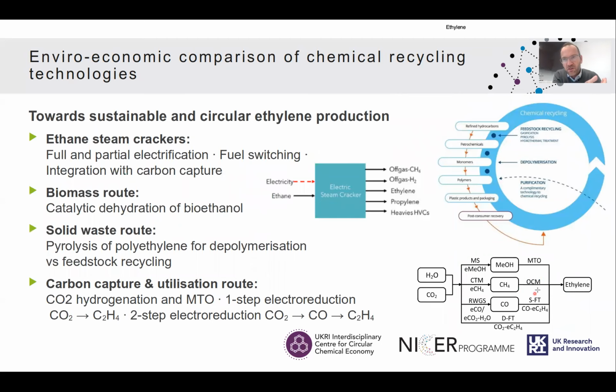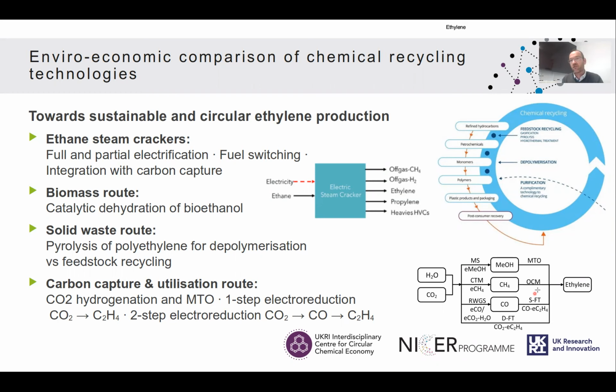Now, most of the research that has been conducted under Theme 2 so far has been in connection to sustainable and circular ethylene production. We have looked at four main areas. First of all, considering the current state of the art, which is based on steam cracking of naphtha or ethane, we have looked at the potential of either full or partial electrification of ethane crackers.